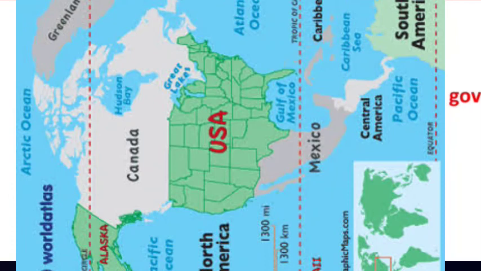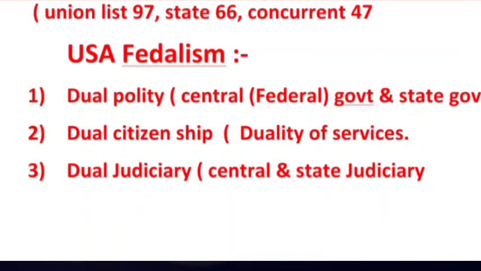Already I told you, polity means government. Central government and state government. In USA also, central government and state government there, they implement their laws and look after their welfare measures and everything separately only in USA.